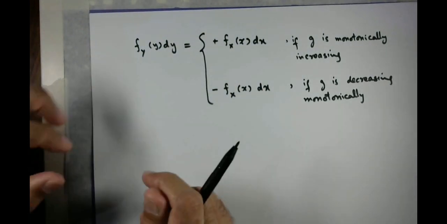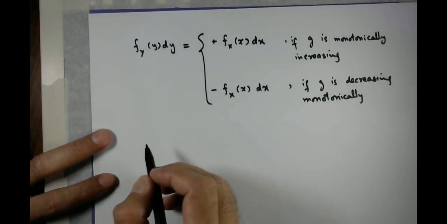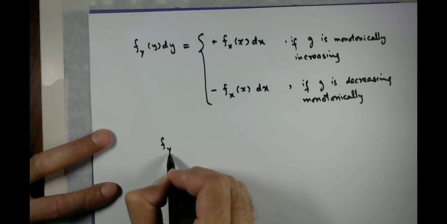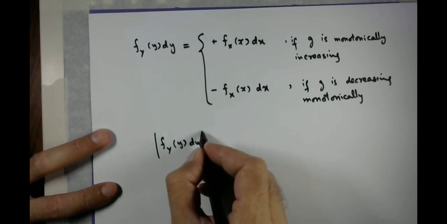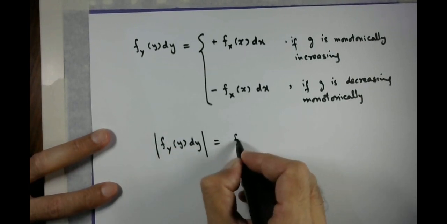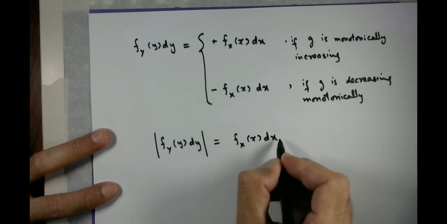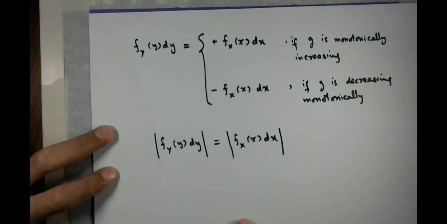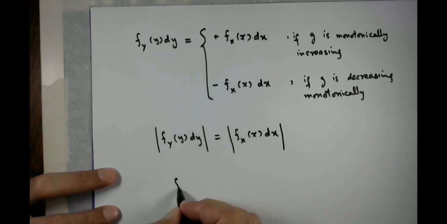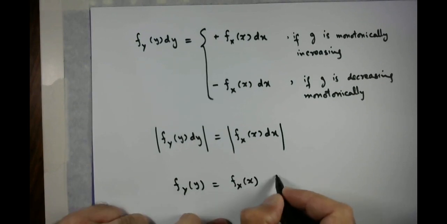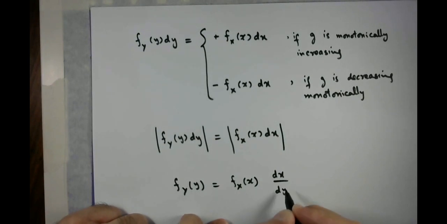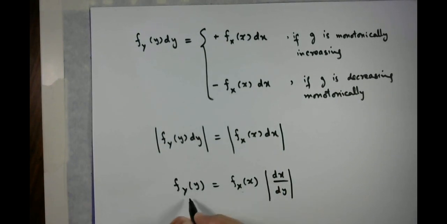So now we can collectively write this expression as f sub y of y dy absolute is equal to f sub x of x dx. And if that is the case, we can write that f sub y of y is nothing but f sub x of x times dx over dy absolute. This is already positive because this is a probability distribution.